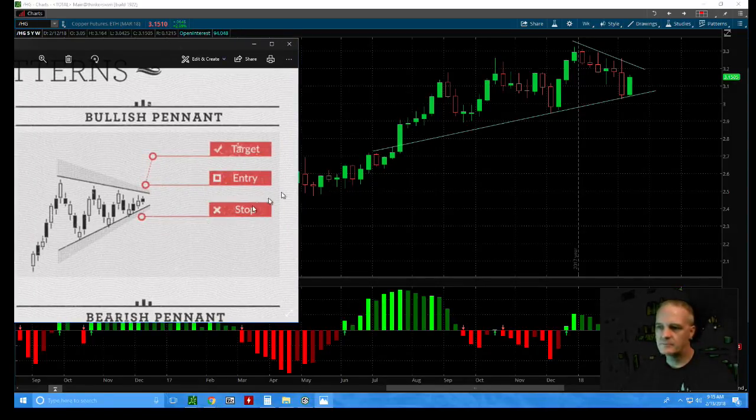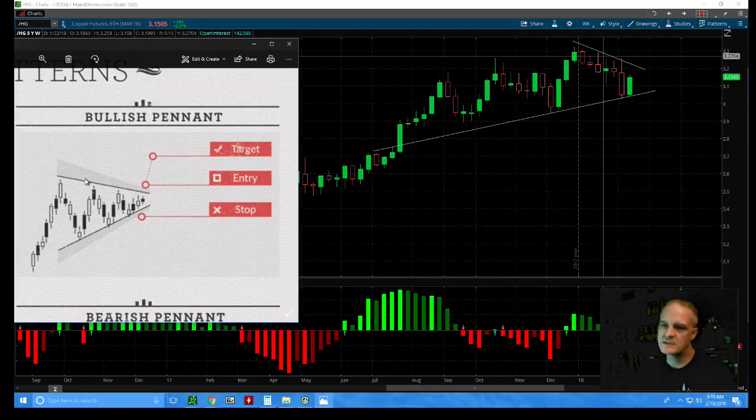Where it's rising up and it's kind of bouncing. You've got a rising bottom trend line and a downward sloping upper trend line.